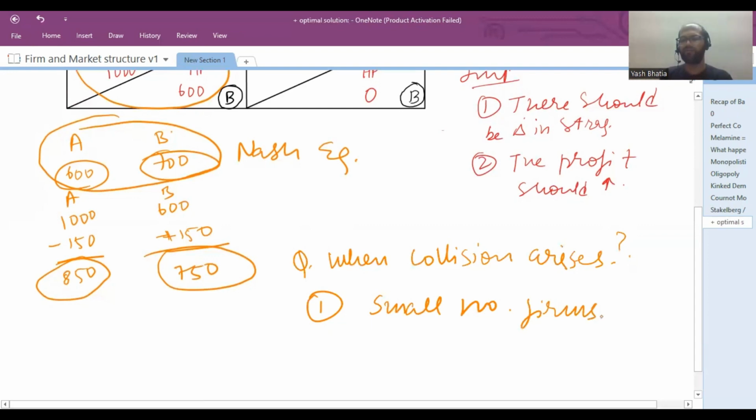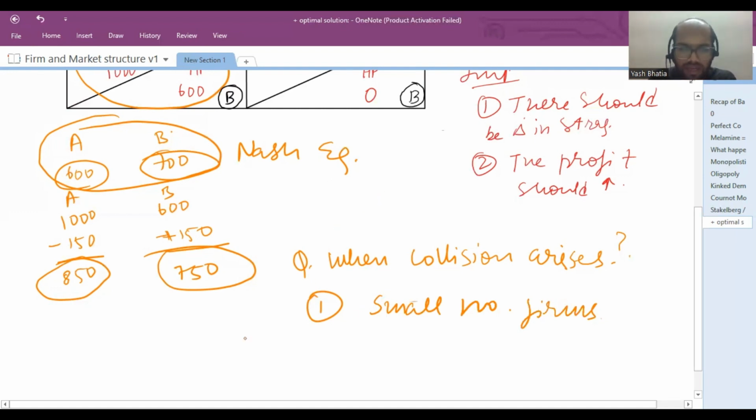The larger the number of firms, the larger the players in the market, it is difficult to collude because the market share is relatively lesser. If there are two firms in the market, it's a duopoly. The market share for each firm is 50-50, right? If there are four firms, then the market share is 25-25. Collusion becomes difficult when the number of firms increases.